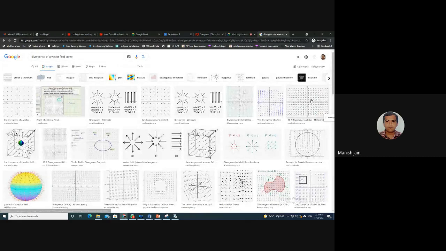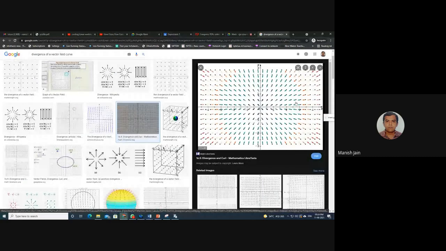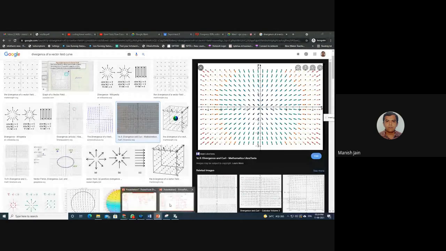So this type of curve is the divergence of a vector field. Basically, in physics and in transport phenomena, how the material is transported from one point to another point will be represented by these mathematical expressions. So that's why these are very important expressions.